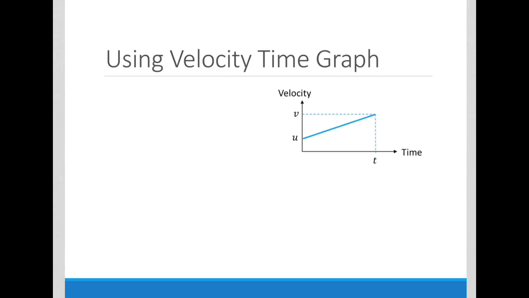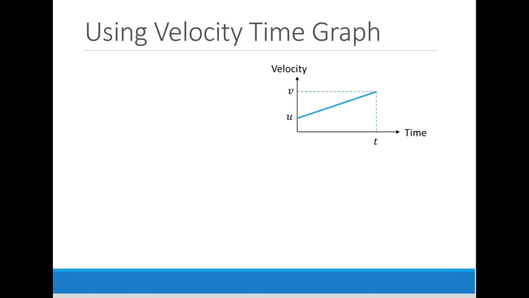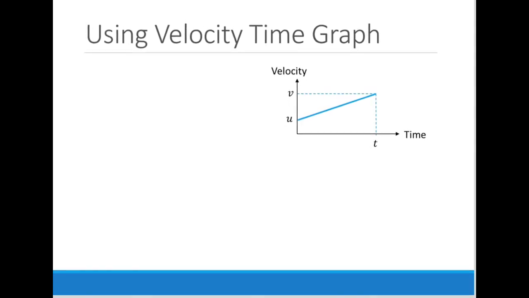Okay, so let's get started with deriving, and we need to use a velocity time graph. So on our page here we have a velocity time graph. Velocity is on the y-axis and time is along our x-axis.